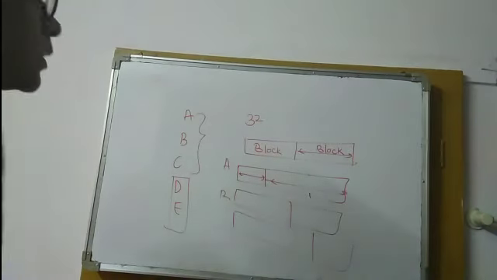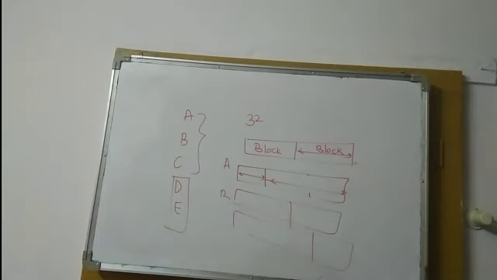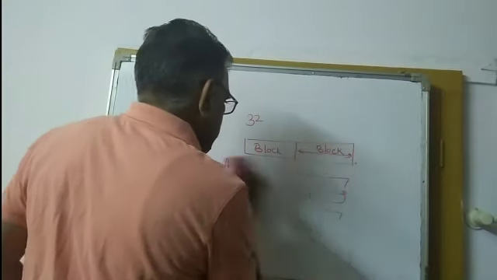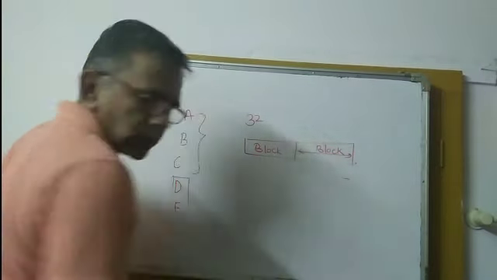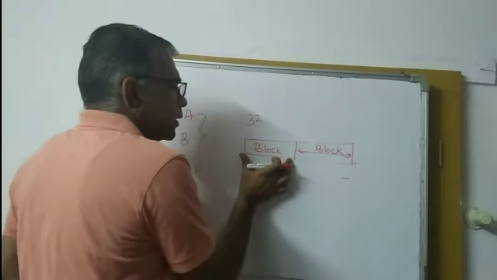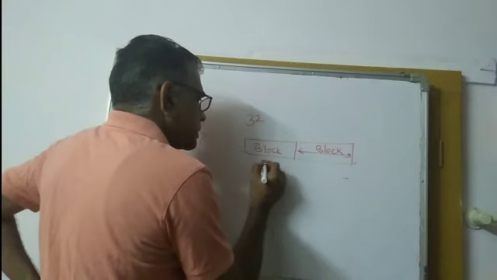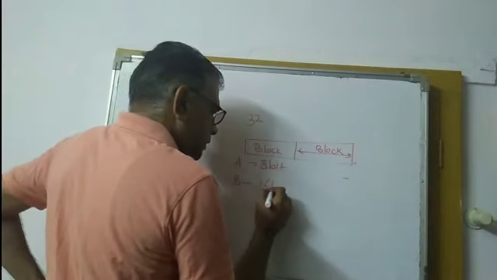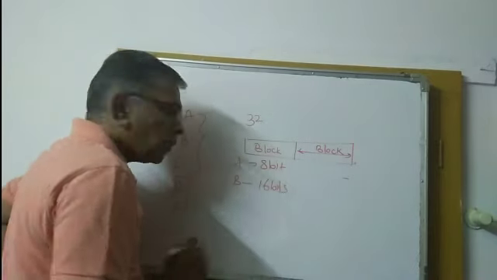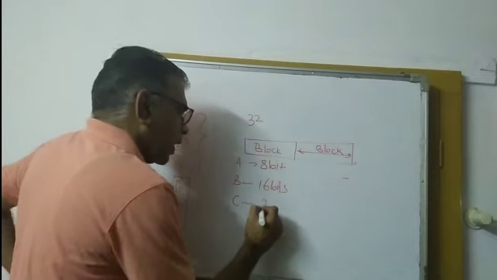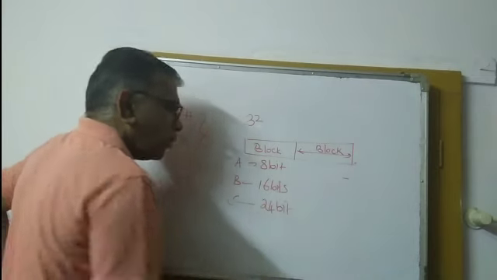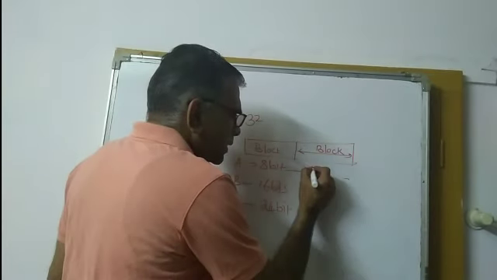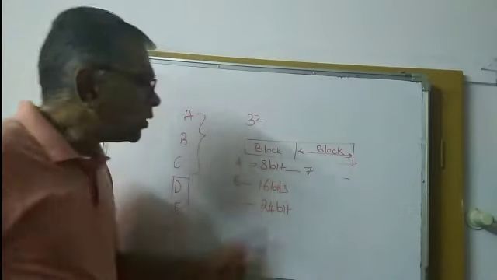In terms of bits, the network part address is 8 bits in class A, 16 bits in class B, and 24 bits in class C. Out of the 8 bits in class A, 7 bits are variable and 1 bit, the MSB, is fixed.